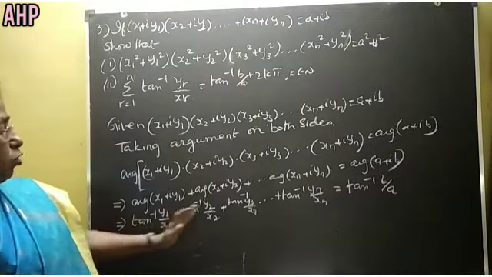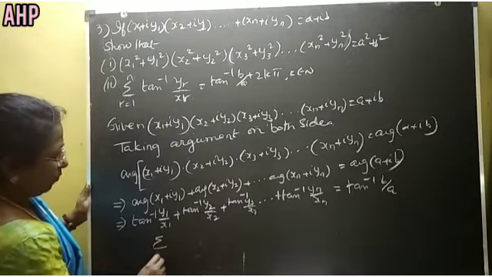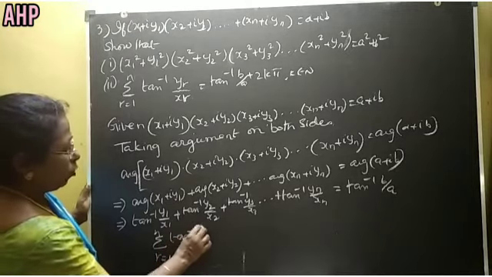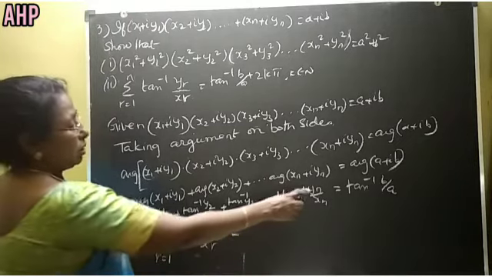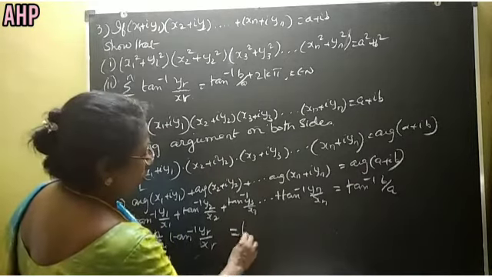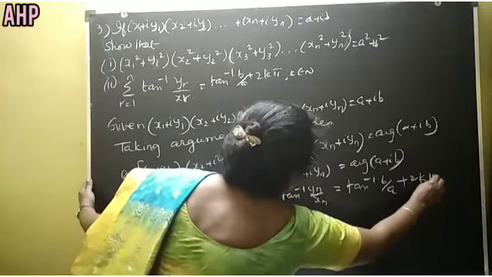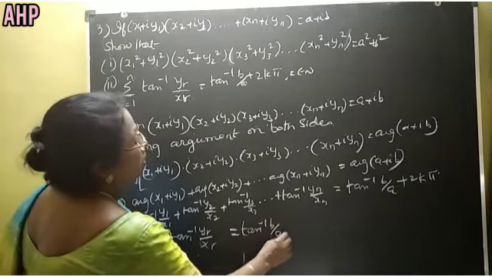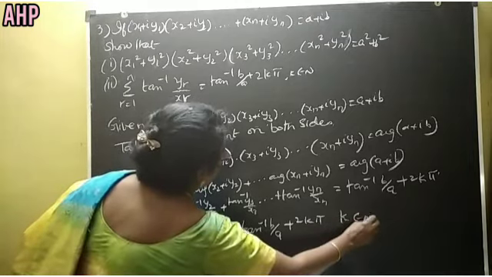Now finding the summation, this is nothing but 1 to n. So we can take sigma r = 1 to n of tan inverse yr by xr is equal to tan inverse b by a, and for the generalized value we add plus 2k pi. So this is equal to tan inverse b by a plus 2k pi, where k belongs to the set of natural numbers.